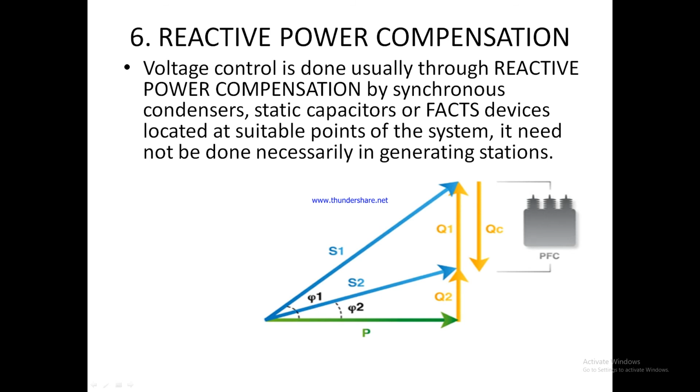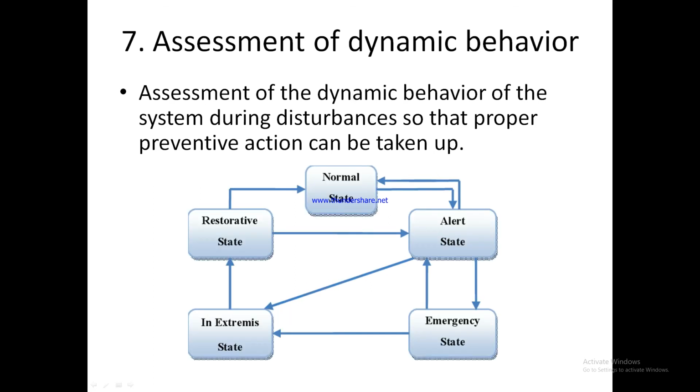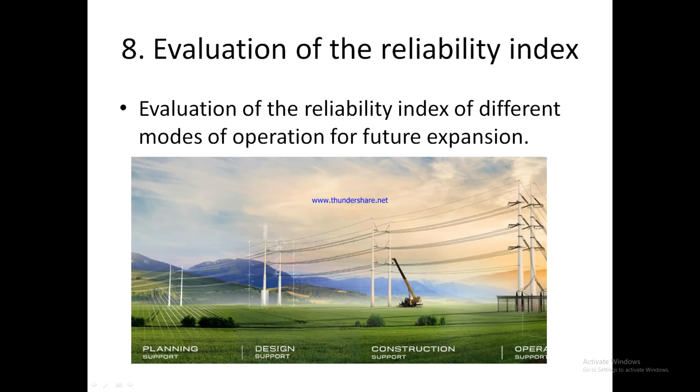Then, voltage control is done usually through reactive power compensation by synchronous condensers, static capacitors, or FACTS devices located at suitable points of the system. It need not be done necessarily in generating stations. 7. Assessment of the dynamic behavior of the system during disturbances so that proper preventive action can be taken. 8. Evaluation of the reliability index of different modes of operation for future expansion.